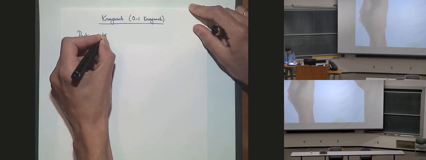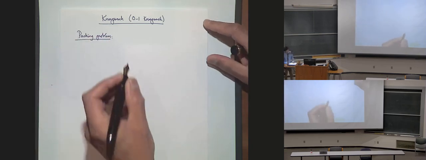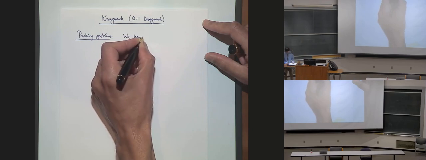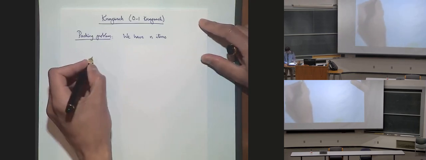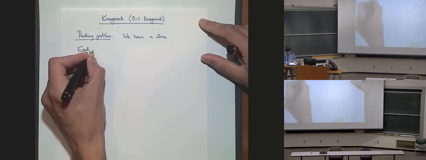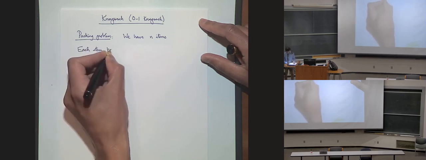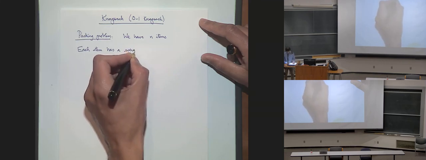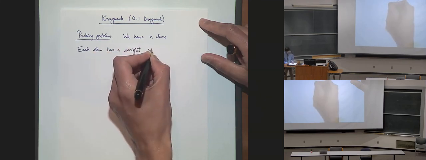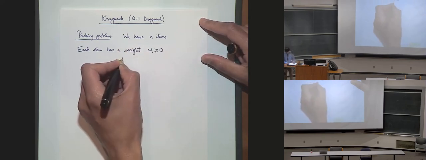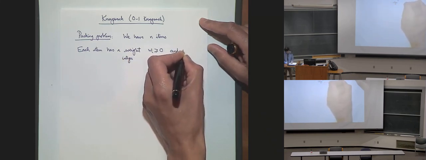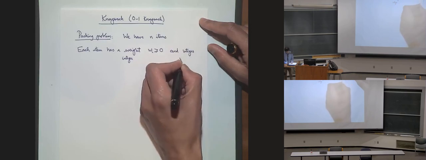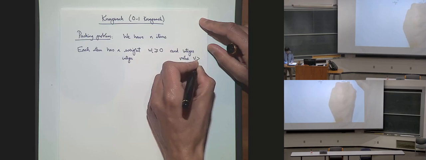Let me talk about what's called a packing problem. We have n items. Each item has a weight, and again we'll say this is an integer weight, and an integer value, which I'll call v_i.